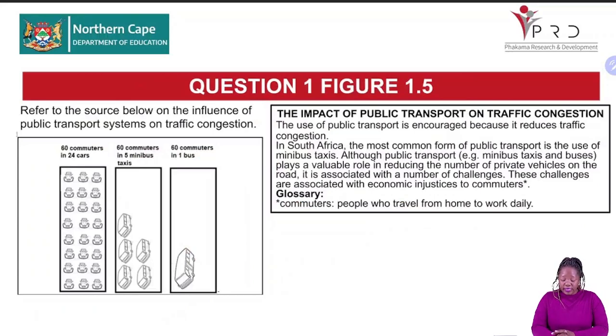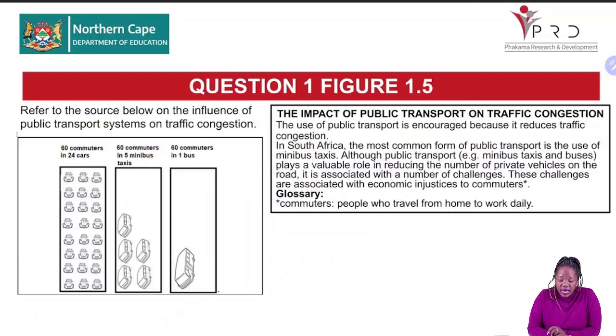So to look there at our extract, it says the impact of the public transport on traffic congestion. The use of public transport is encouraged because it reduces traffic congestion. In South Africa, the most common form of public transport is the minibus taxi, although the public transport, e.g. your minibus taxis as well as the buses, plays a valuable role in reducing the number of private vehicles on the road.